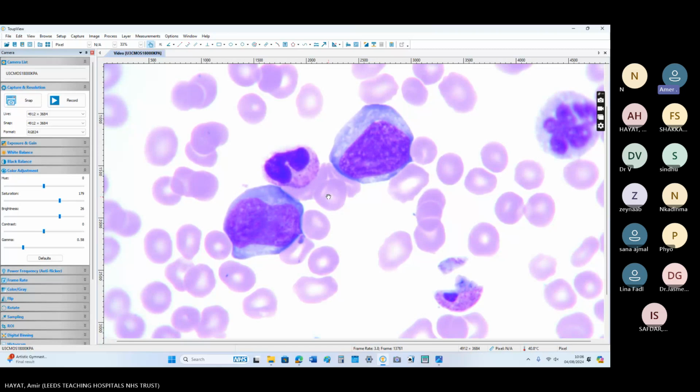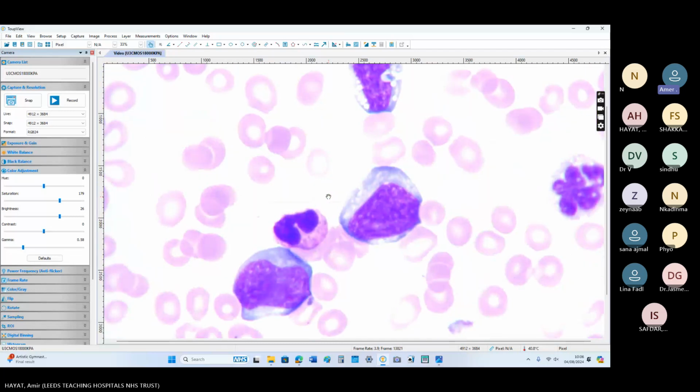I mean to say whether you will mention double hit lymphoma or triple hit DLBCL or not, because this will complete your answer. If they have given you MYC, BCL2 or TP53, then you have to mention whether this is double hit or triple hit DLBCL or large B cell lymphoma.